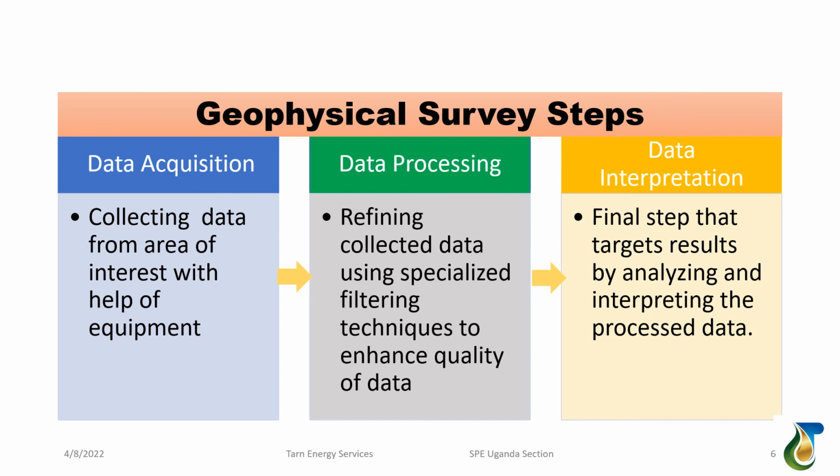Here, we are analyzing and interpreting the processed data so that we can come up with an informed conclusion about what our objective of the survey was, whether we have attained our objectives or not. This is very important.